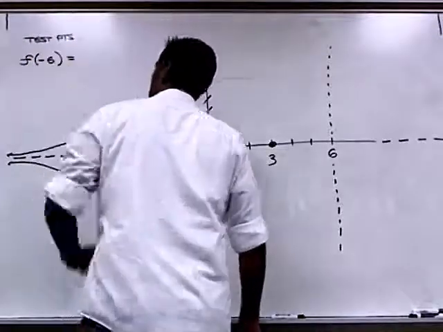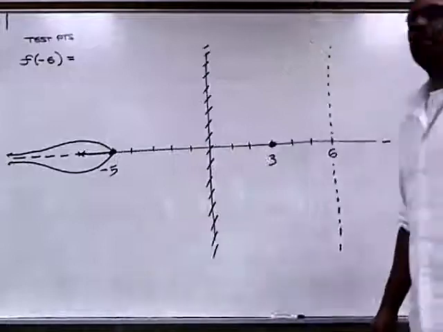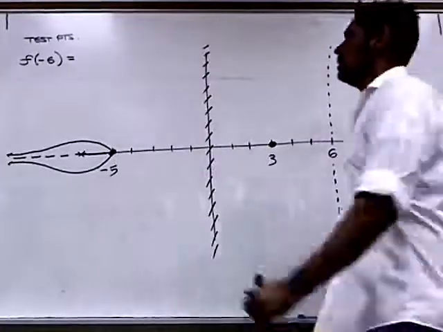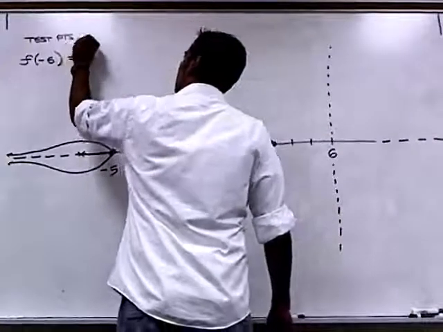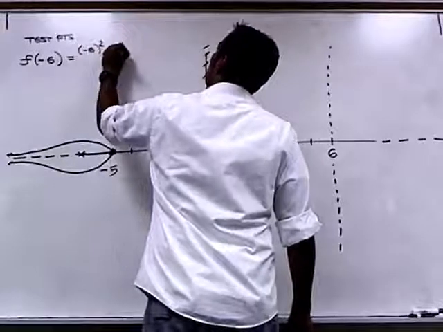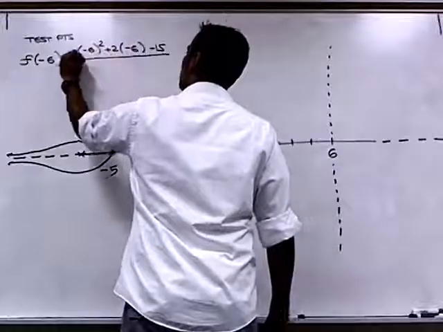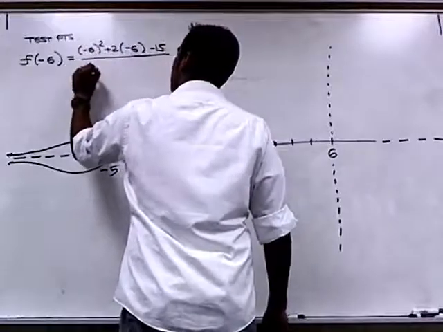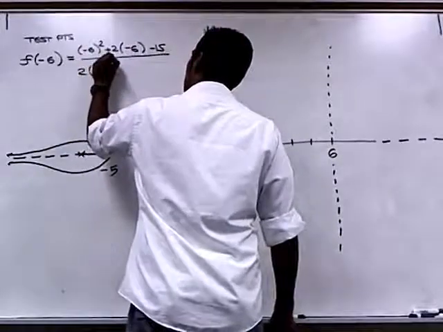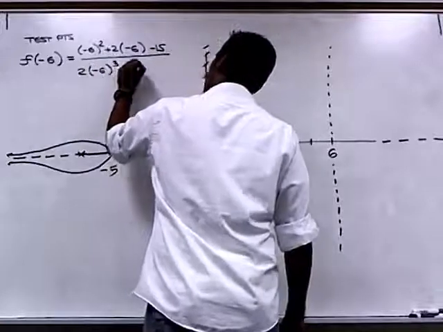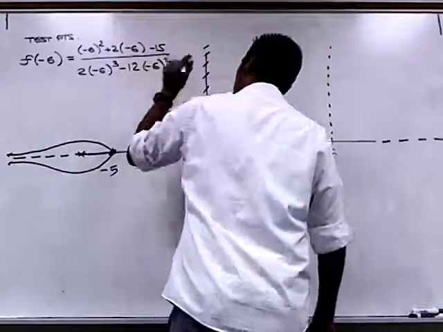Ooh. I have to plug that into the function, don't I? -6 squared plus 2 times -6 minus 15, over 2 times -6 cubed minus 12 times -6 squared. Isn't that what I'm supposed to compute?